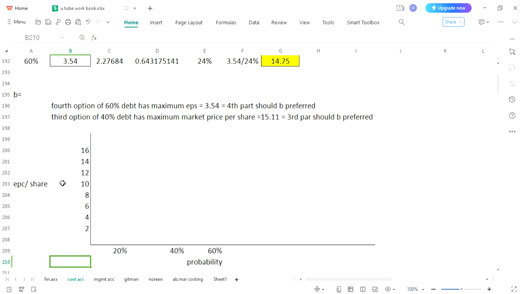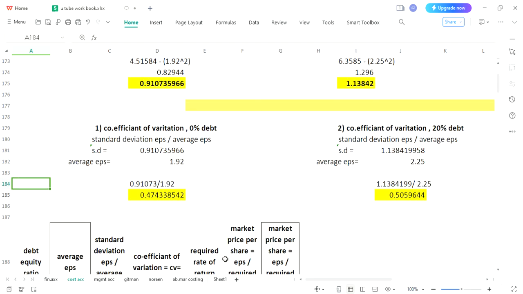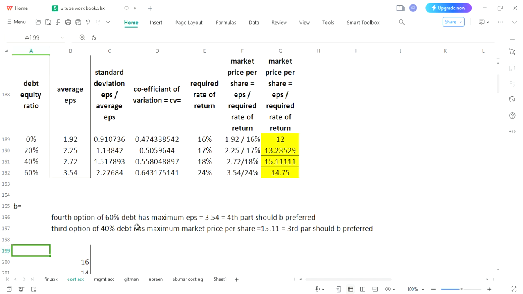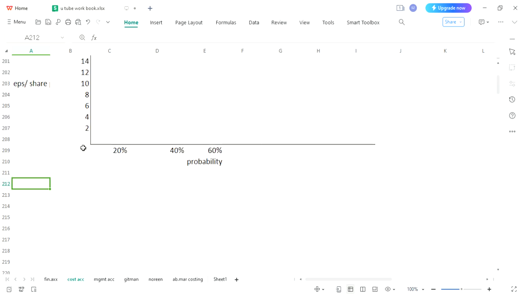So I'm sure you understood your earning per share and sale price would be presented on y-axis, probability would be mentioned on x-axis. This way you will complete your graph. So let's see what is next. At 0% your EPS is 1.92. For this we need to put some points.